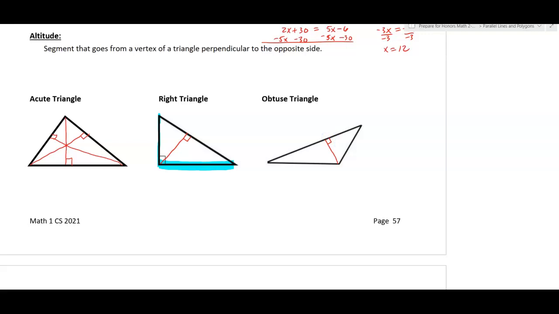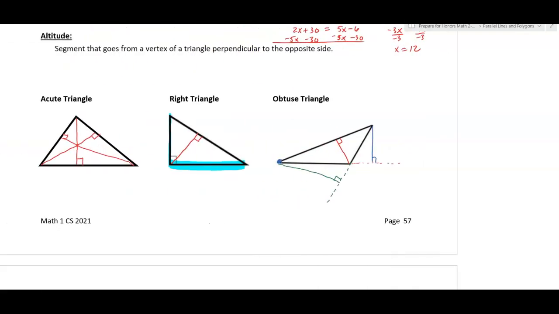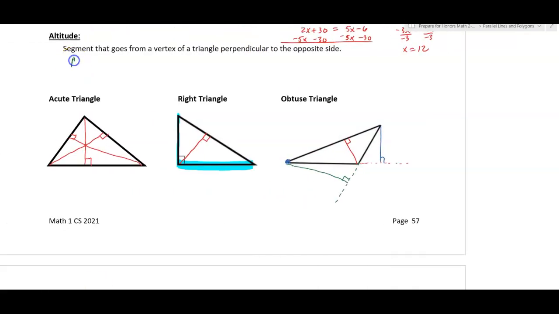But to get the other altitudes, what I have to do is extend this side, and now I can drop an altitude. If I wanted to go from this vertex, I would extend this side, and now I can drop that altitude. Basically, you have to understand that altitudes are important because they represent the height of a triangle.